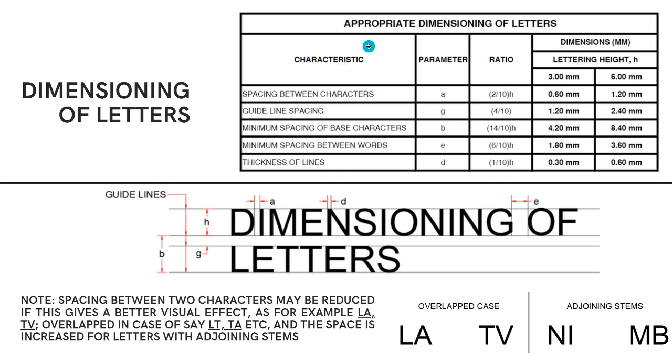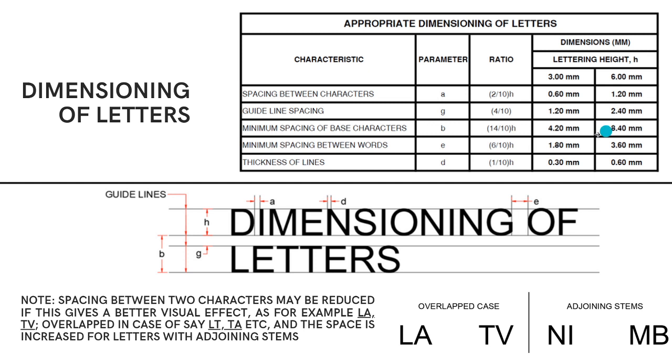So again, the first column would be the characteristics, or what label we would be using. Next, parameter, or what legend would be used for each component of the dimensioning. Next, the ratio between the text height and the lettering height if you would have a 3 text height and a 6 text height.